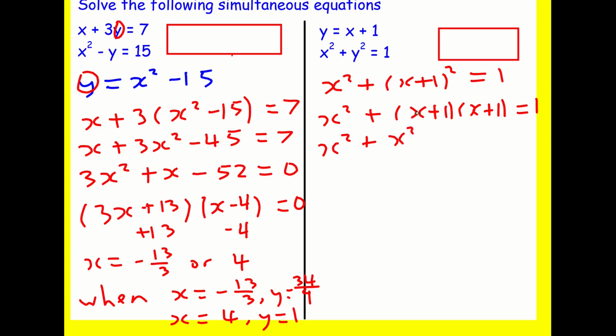So I'm going to get x squared, a plus x and another plus x, and then a plus 1. That's going to leave me 2x squared plus 2x equals 0. Interesting. And actually I'd probably divide through by 2.